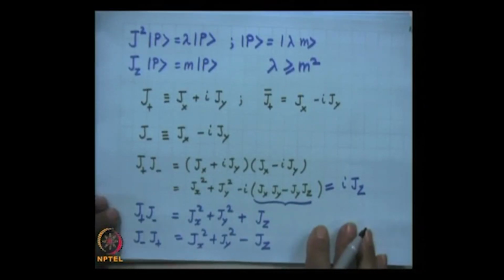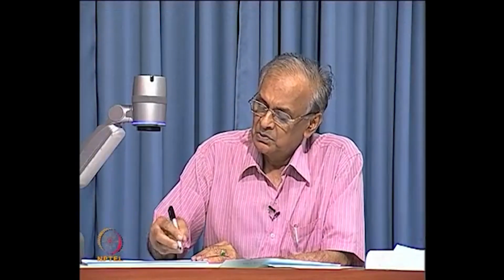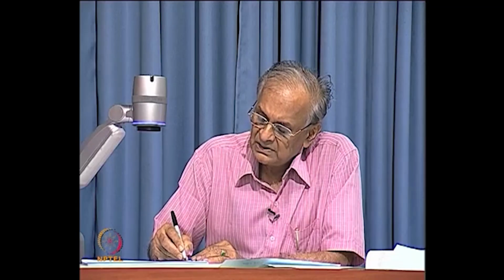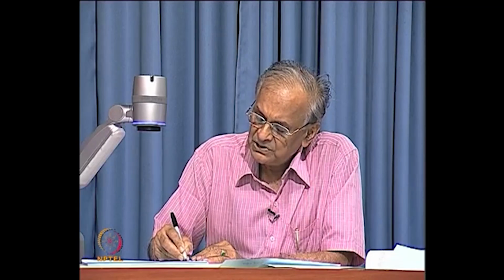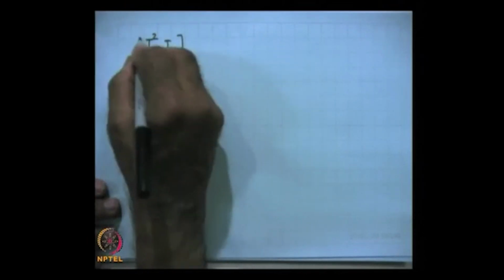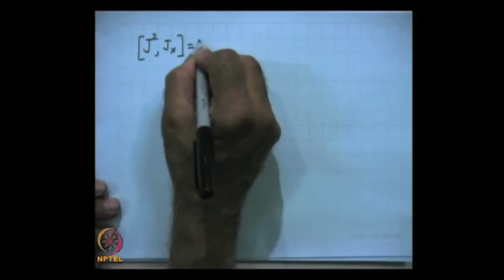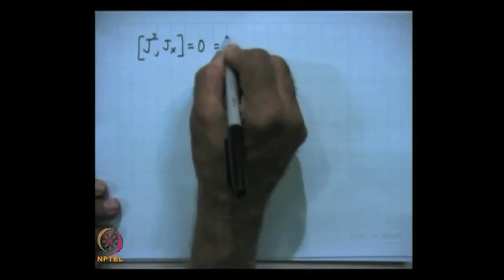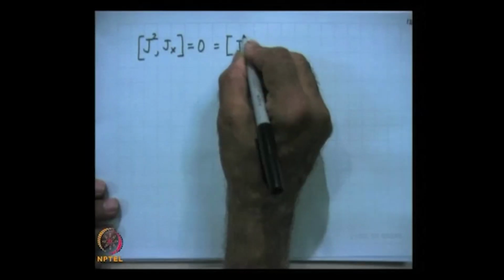Okay. Now, let me consider the commutation relation. We know that j square commutes with j x and j square also commutes with j y.